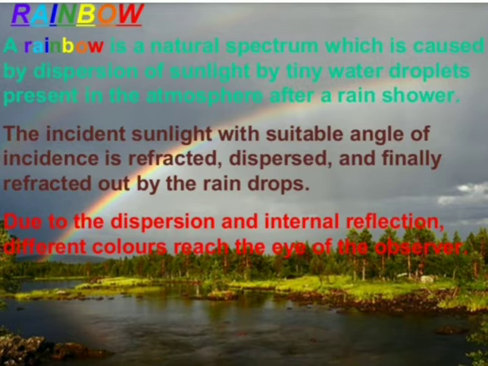Collectively we can see the band of 7 different colors in the form of a rainbow. And what is the reason behind it? The reason is dispersion and internal reflection. Different colors reach the eyes of the observer due to this phenomenon.